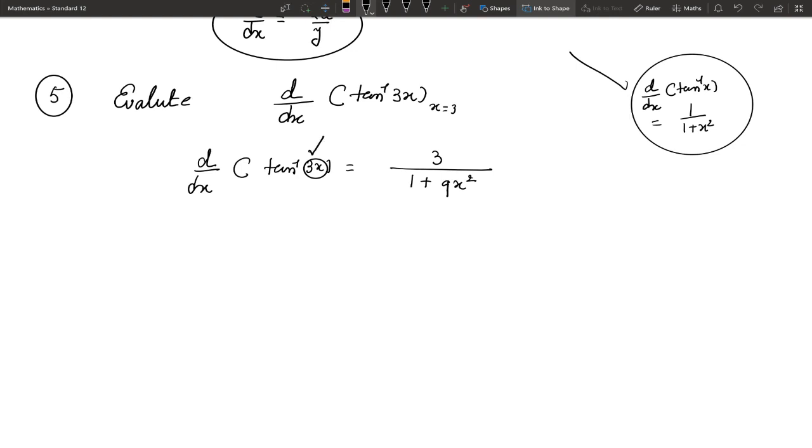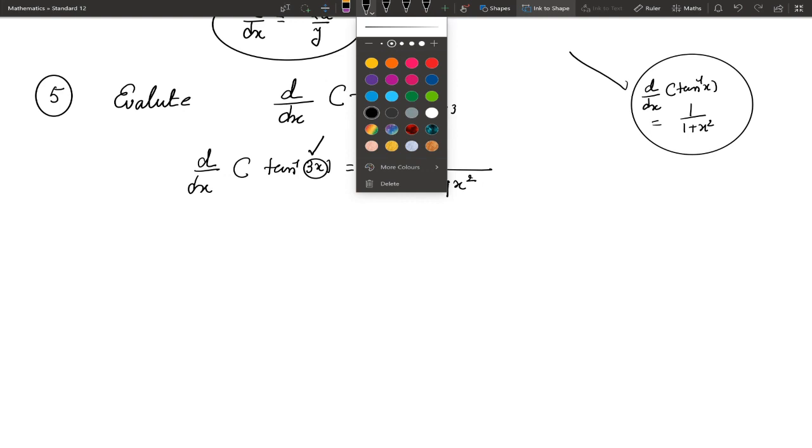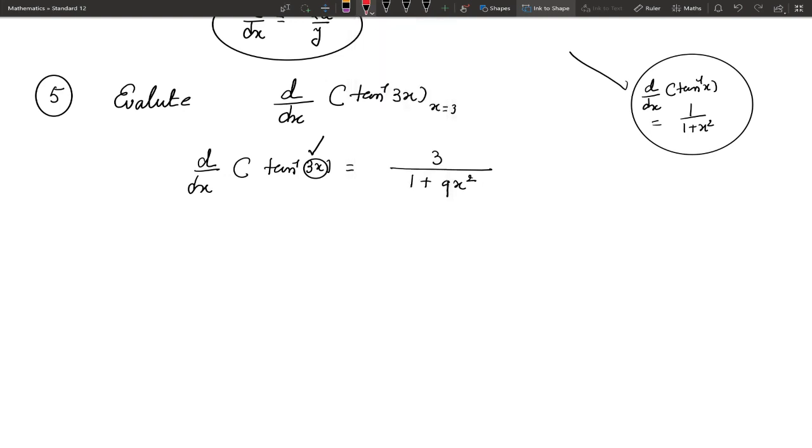Therefore, now we evaluate d by dx of tan inverse 3x at x equal to 3. So put x equal to 3 in the derivative.